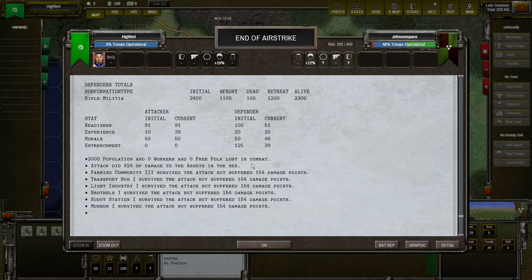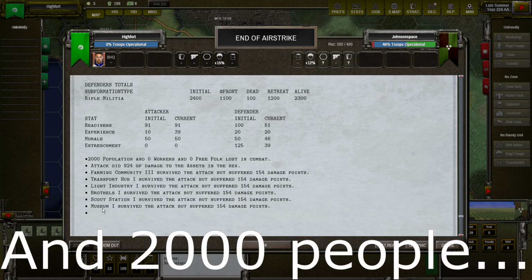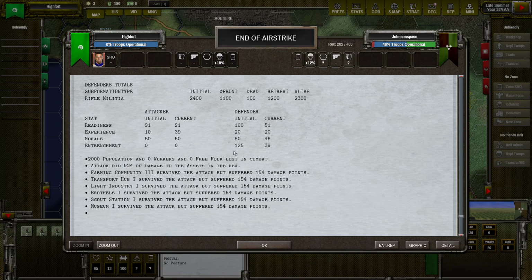So we damaged the farming community, the transport hub, and a damaged transport hub will probably have less efficiency. Even the museum, which is unfortunate. And their entrenchment dropped from 125 to 39, and their readiness is half of their initial value.